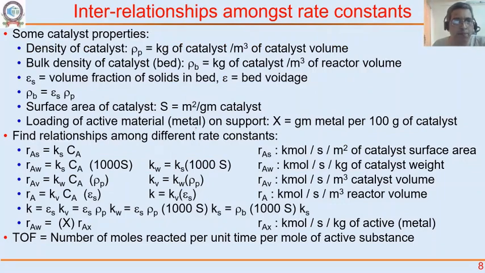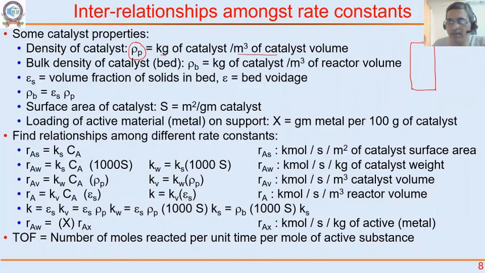So first of all, we need to define the density of the catalyst. We are going to define the density of the catalyst as rho p. It tells you how many kgs of catalyst there are per meter cube of the catalyst volume. Now if you imagine a reactor, let's say the reactor is like this.